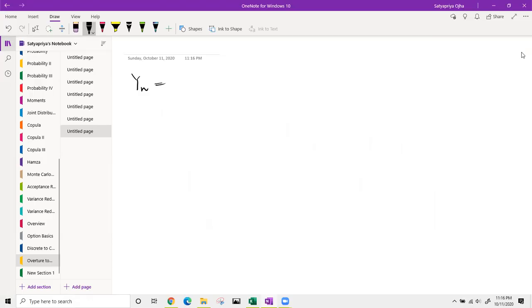So yn is y0 plus the sum of xi, i equal to 1 to n. And we're claiming that yn is normally distributed with mean y0 and variance n, correct? Why it will be normal is, look at this particular quantity, because this is the only thing that is random.